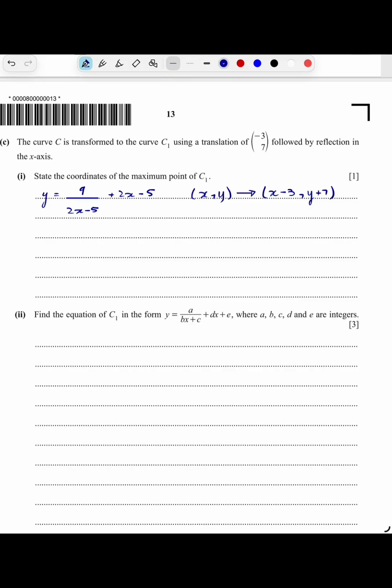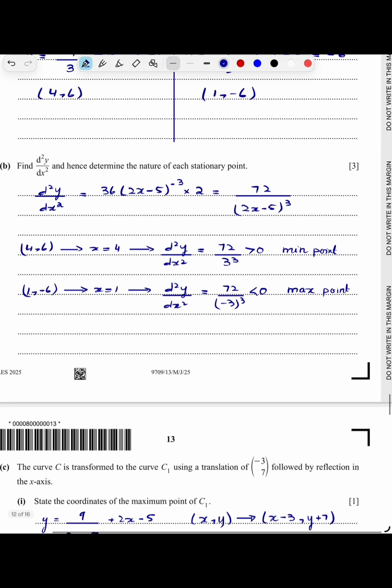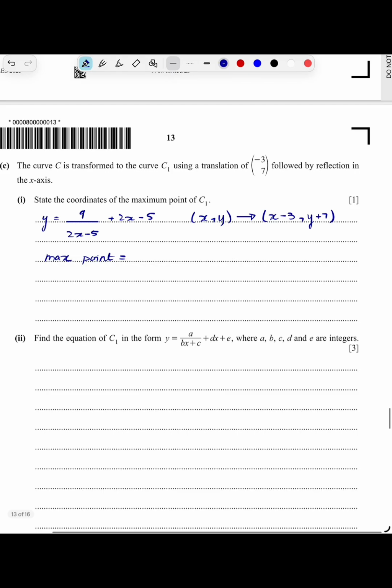The maximum point we've already found in the previous part is, let me scroll up, I'm forgetting. The maximum point was (1, -6).